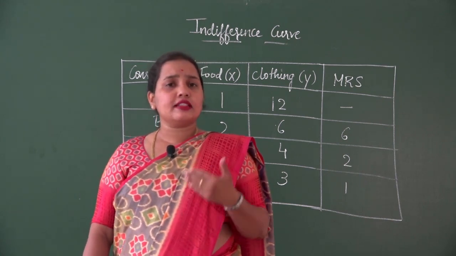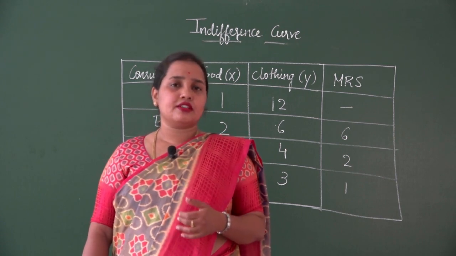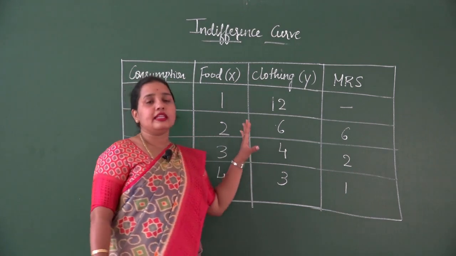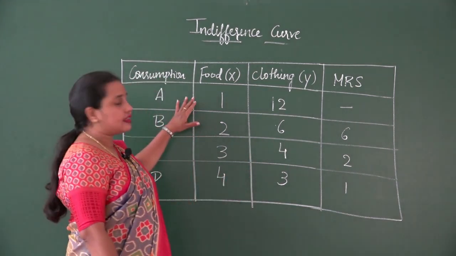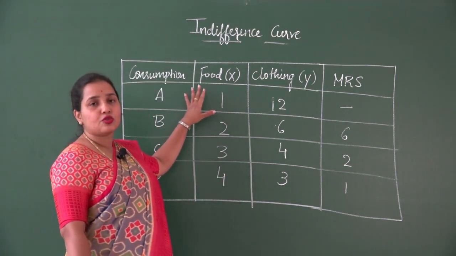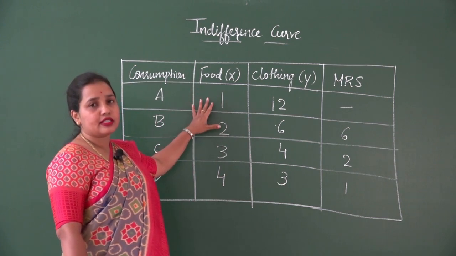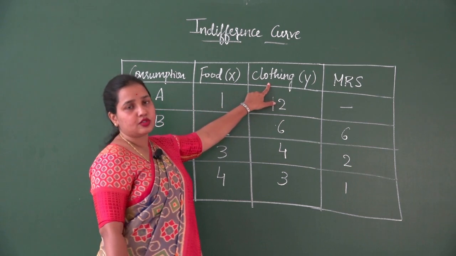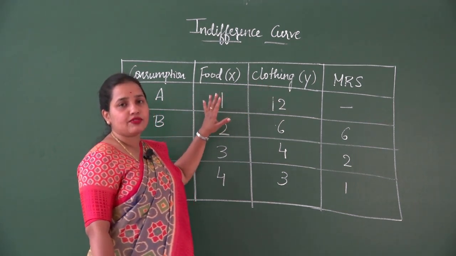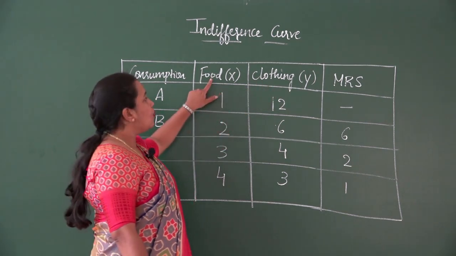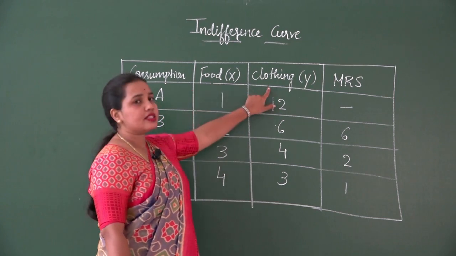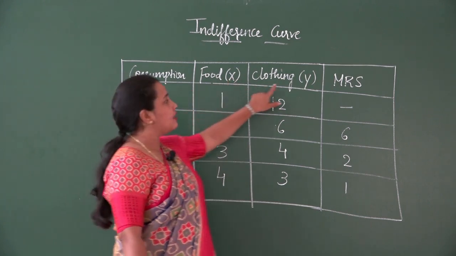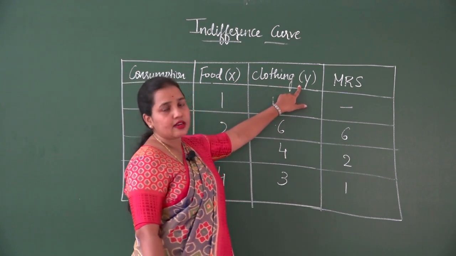We can understand this concept of indifference curve better with the help of this schedule. In this schedule, we can see that there are two goods, two commodities or two products that are taken. One is food, the other one is clothing. You can also take food as X and clothing as Y.